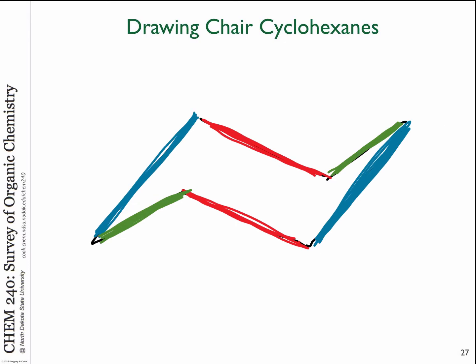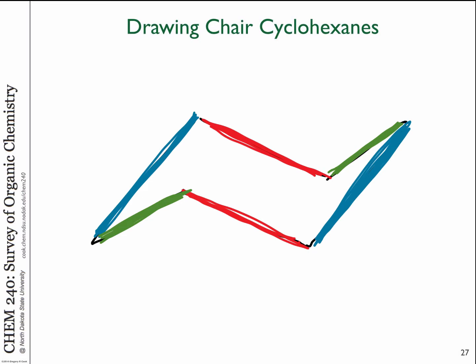Okay. Now, remember, on each carbon of this ring, there are two hydrogens, right? So where do you put those hydrogen bonds? This is a big problem people have until they really practice this and know how to draw this properly. Let's draw the bonds to those hydrogens.